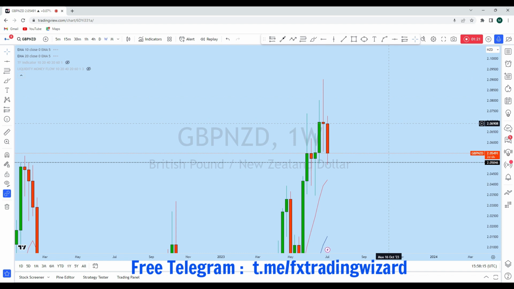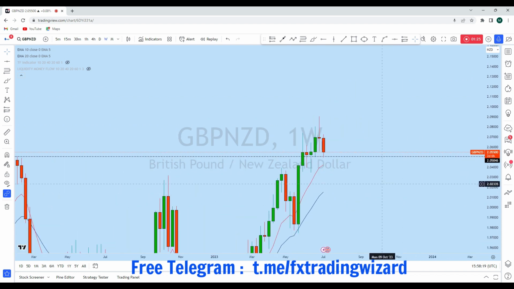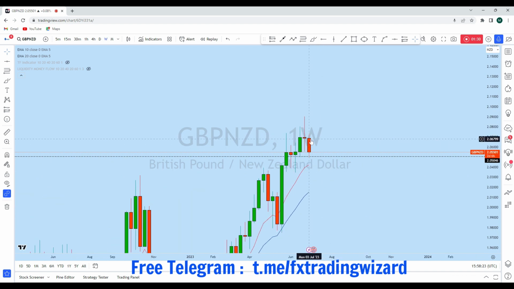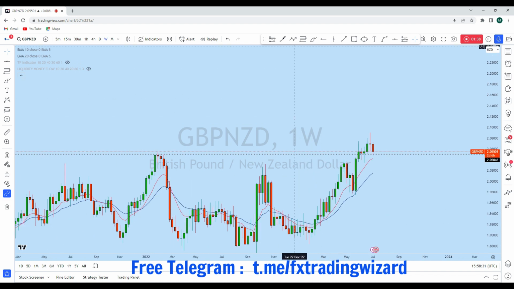If we look at the weekly perspective, there was a doji in the previous week, and this week, once the market opened, we have also seen a significant drop so far, and it's a long-term bullish market. As you can see, every week the price was creating a series of higher highs and higher lows.